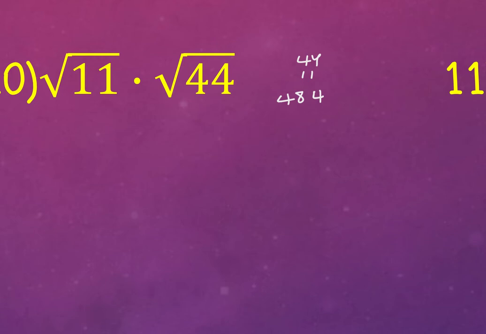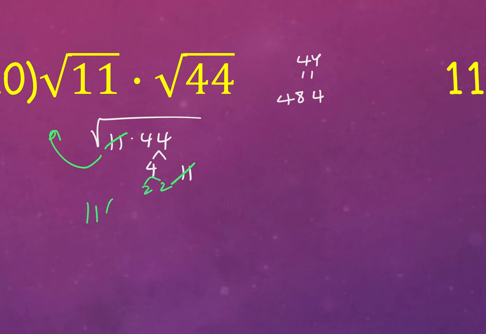Because we are eventually going to break these back out, I could literally take them as they are, 11 times 44, keep them as a separate product. Then break down what you can. So 11 doesn't break down, right? But 44 breaks down into what? 4 and 11. And now I have a repeat. That 11 goes to the outside. And then I get the square root of 4, which would be 2 and 2, which is just 2.